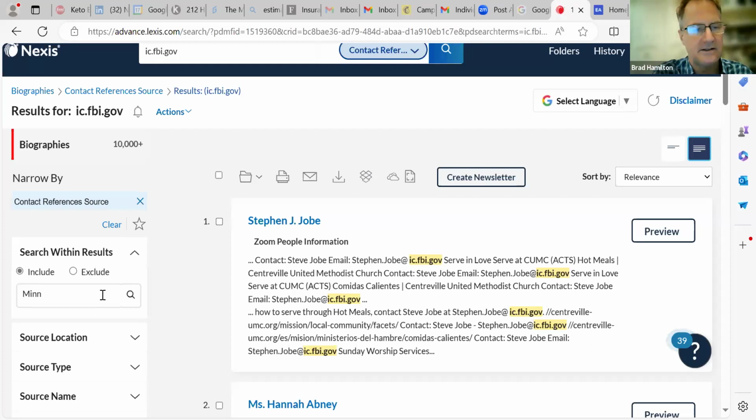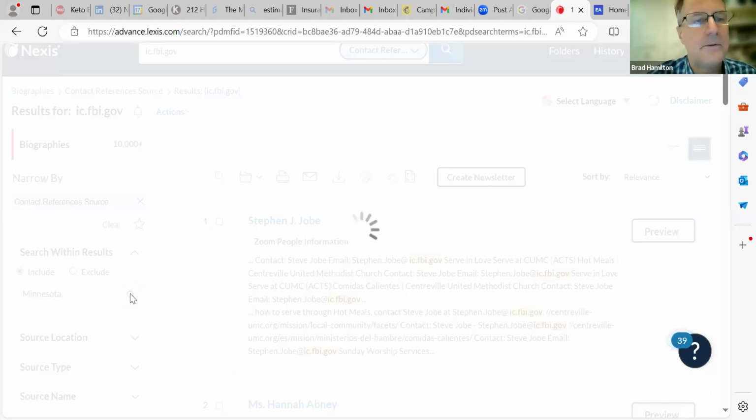So we went down here to the search within results area, Minnesota, and you can add that. You can include it as an additional element. So you don't have to go back and do your whole search over again. You're just winnowing down within this search result. So look at this. We'll do that, hit that button, and see what we get.